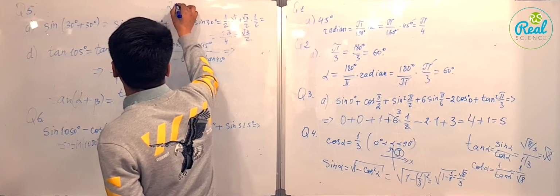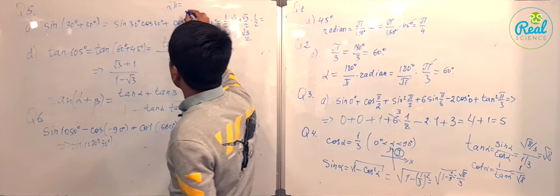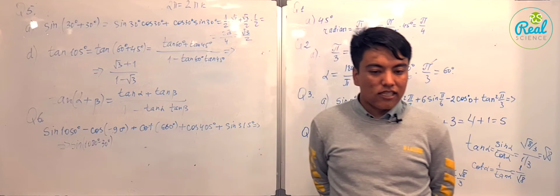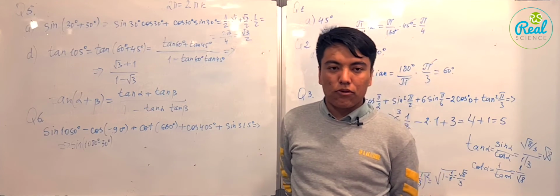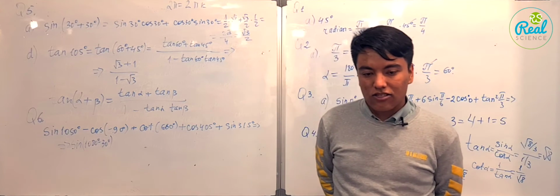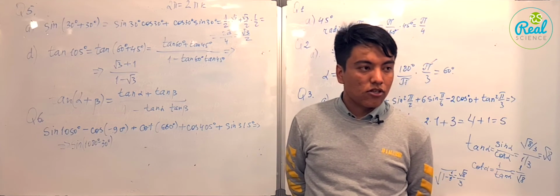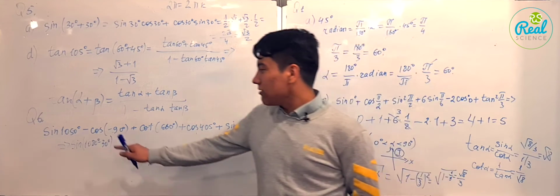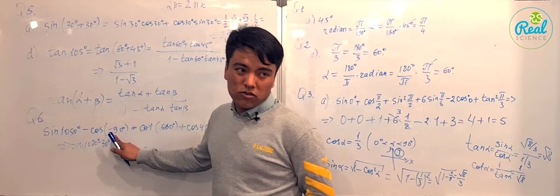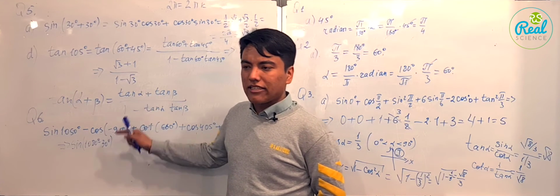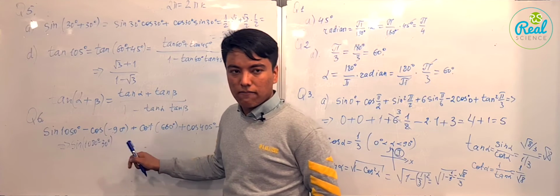Actually 2 pi, actually 360, 2 pi k. 2 pi k means instead of k you may put any number, and the result of sine and cosine doesn't change. What is the value of cosine 90? It's 0. Cosine 90 is always 0, whether it's negative or positive, it doesn't matter.